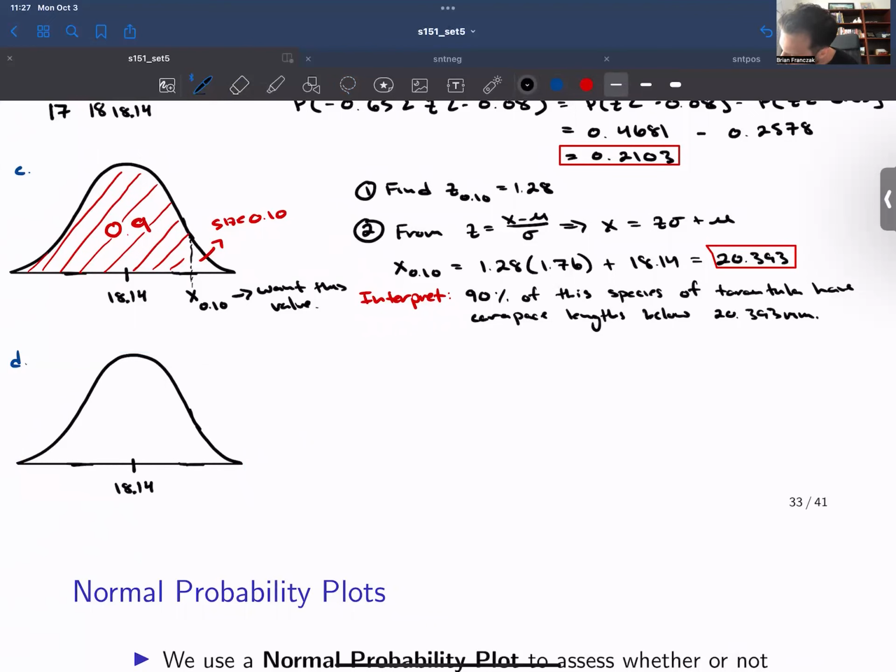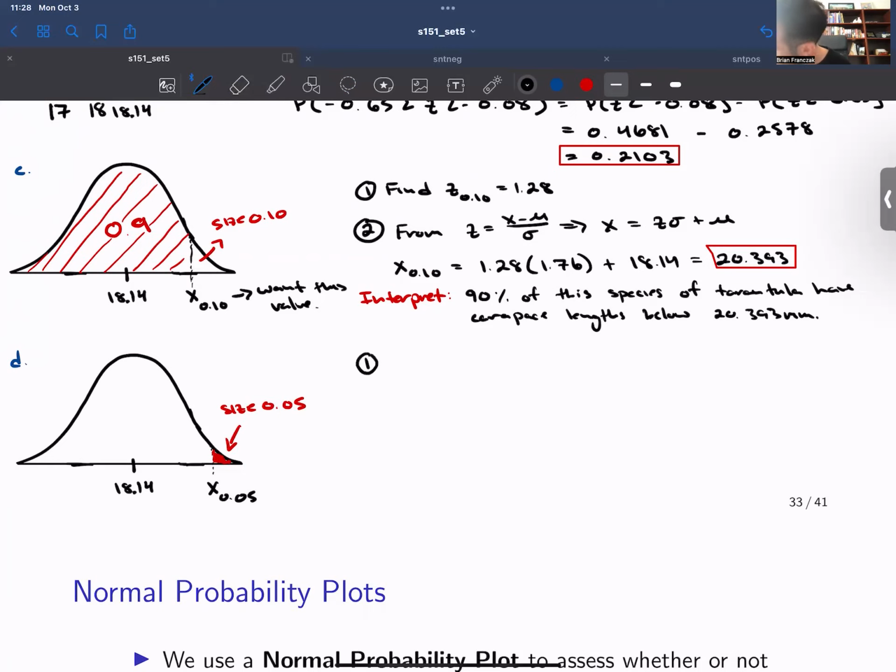So we're being told directly in the problem that we want the value here such that this is a size 0.05. So when the question says what value marks the upper 5%, it's telling you the right tail area. So this value is directly x subscript 0.05. And now from this point, everything is exactly the same as it was in the previous problem.